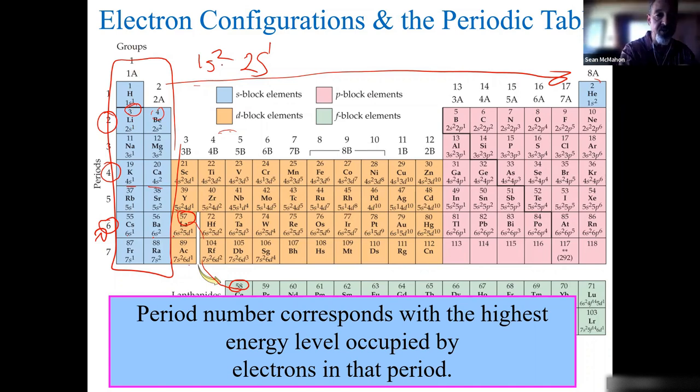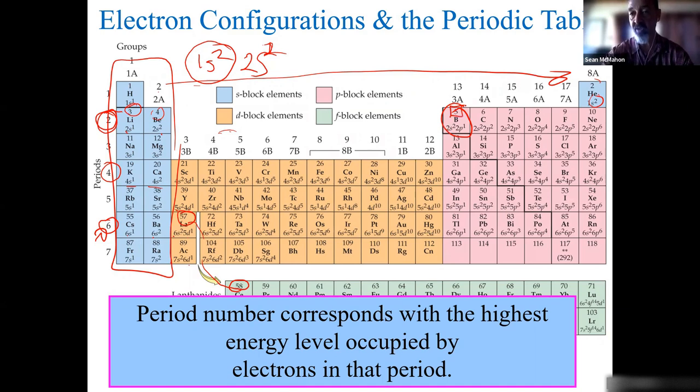Well, again, the first 2 go in the 1s2. And then the third would be a 2s1, but the fourth would be a 2s2. Now, how do I know it's 2s2? It's in the second energy level. I first fill up the first, which only can have 2, and then I go 2s1, 2s2, because I'm in the second position.